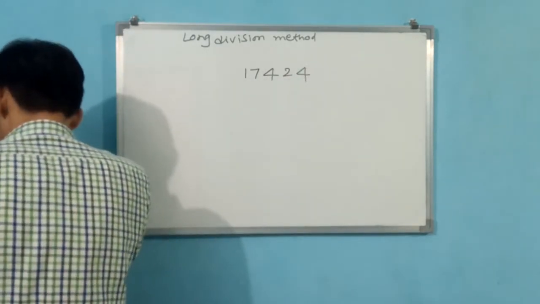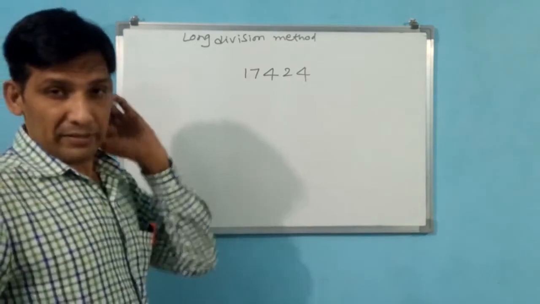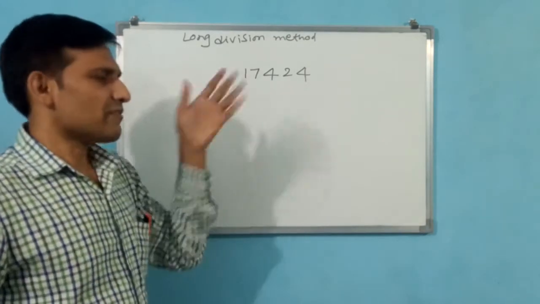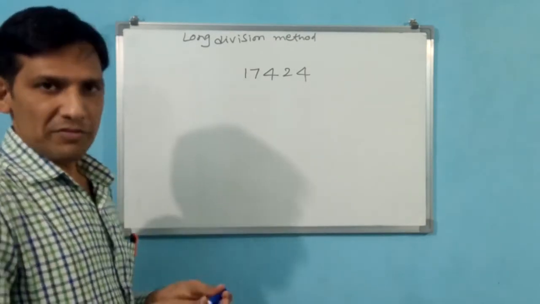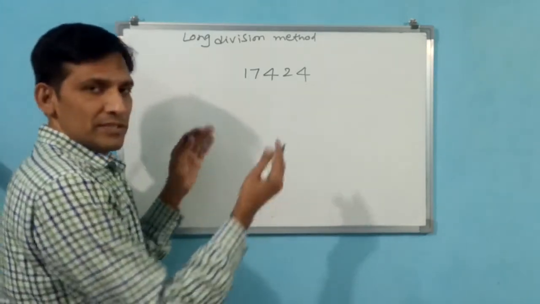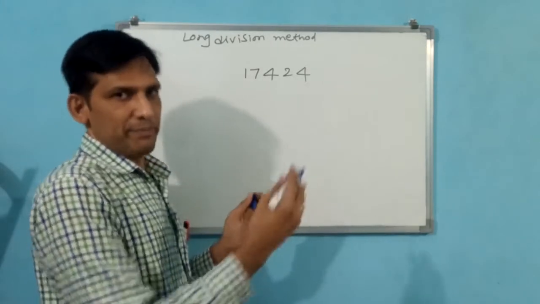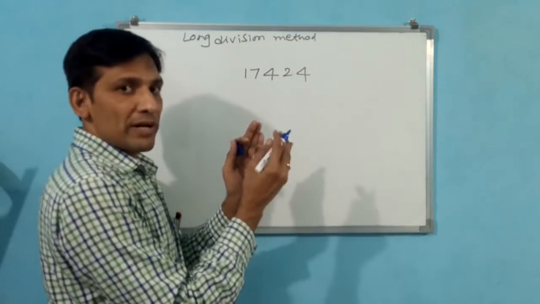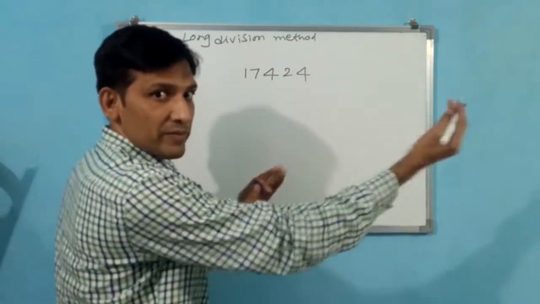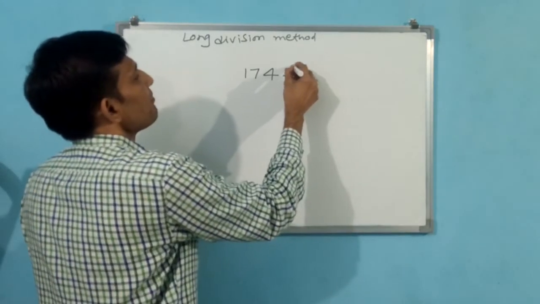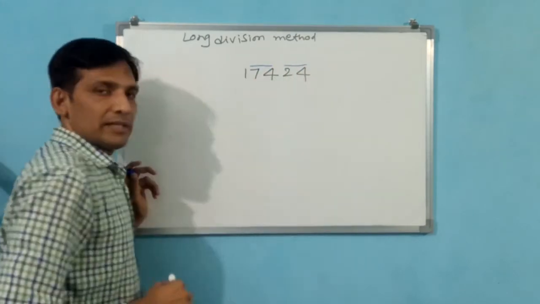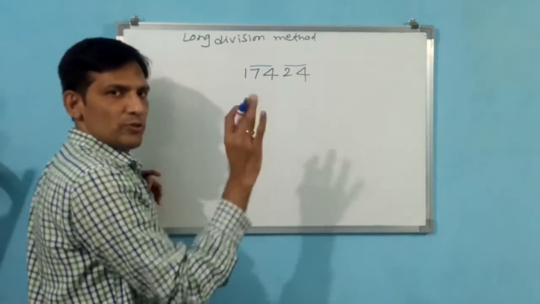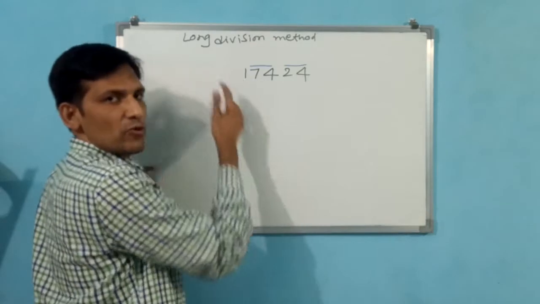We have to find the square root of this number. This is a big digit. Rather than factorization method, we will see long division method. See this number, first step, you have to pair two numbers, but not from left side but from right side. Pairing. Okay. One is there, you leave it, or two digits are there, means you have to pair again.